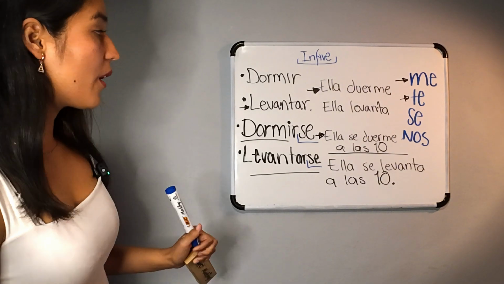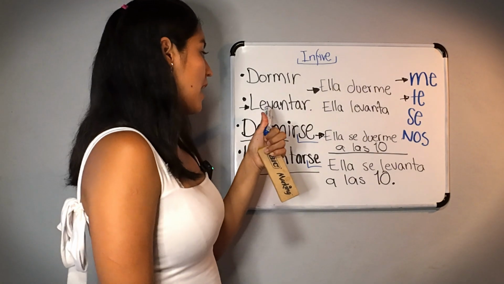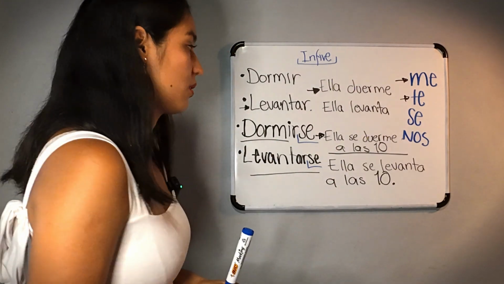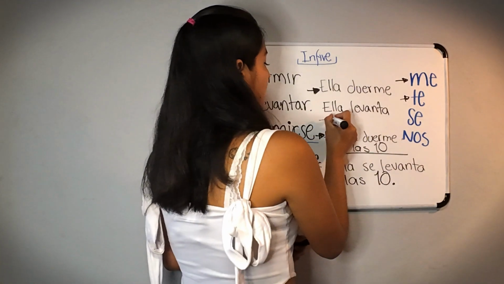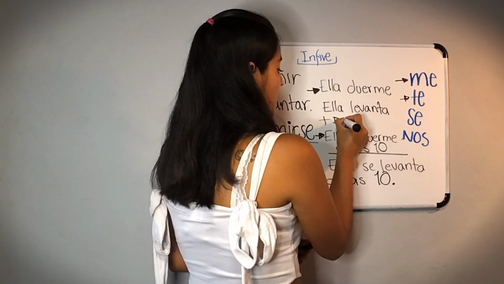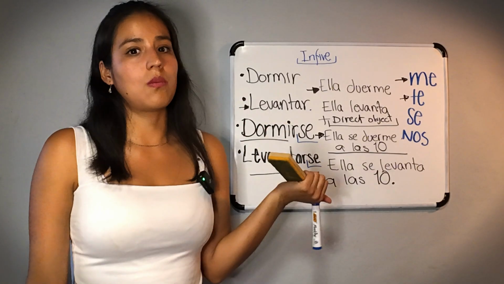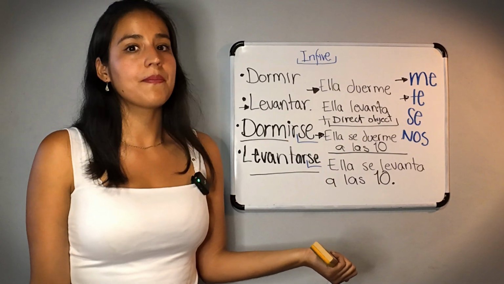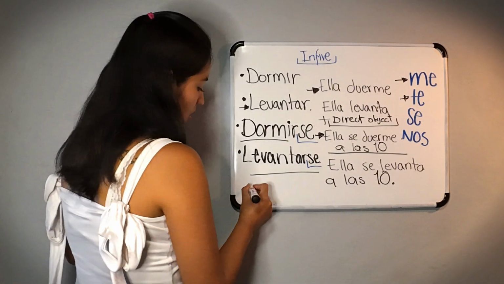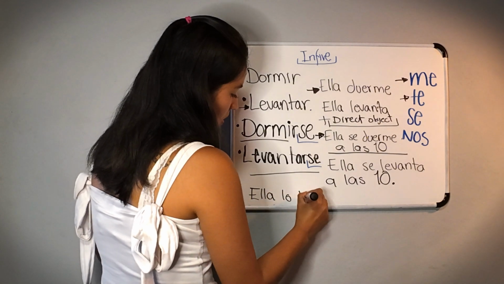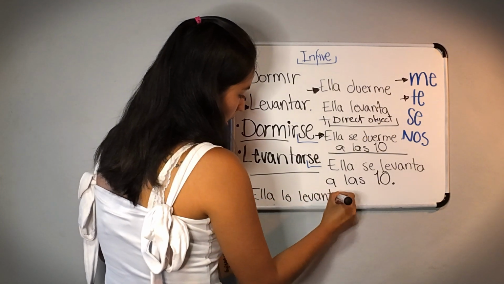If you use the non-reflexive way, it can mean two different things. If you add a direct object and it's a person, that means to wake someone up. So, ella lo levanta.